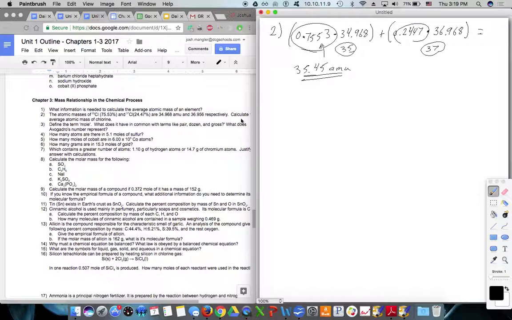A really common question for this would be like, given lithium that has the average atomic mass of 6.94, and we have two isotopes of lithium, lithium 7 and lithium 6, which isotope is there a larger quantity of?